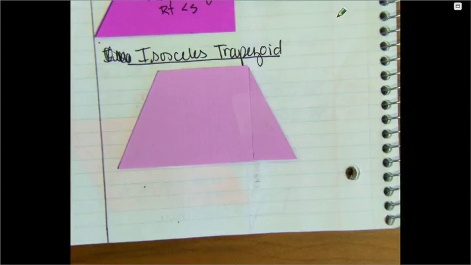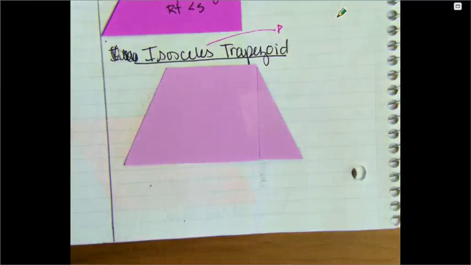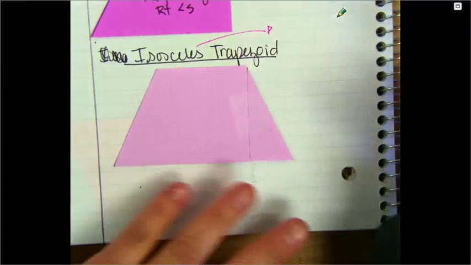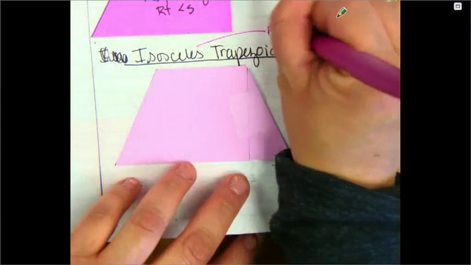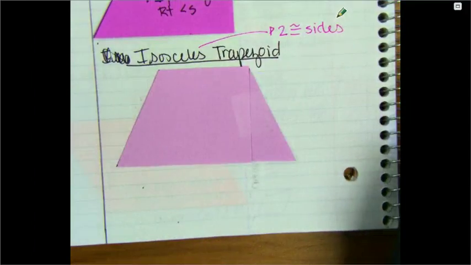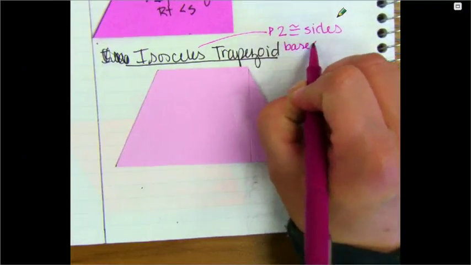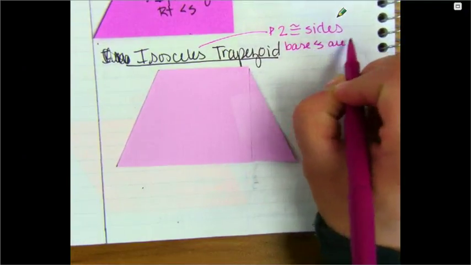Isosceles was the key word here. Isosceles means something special. Isosceles means you have 2 congruent sides. Base angles are also congruent.